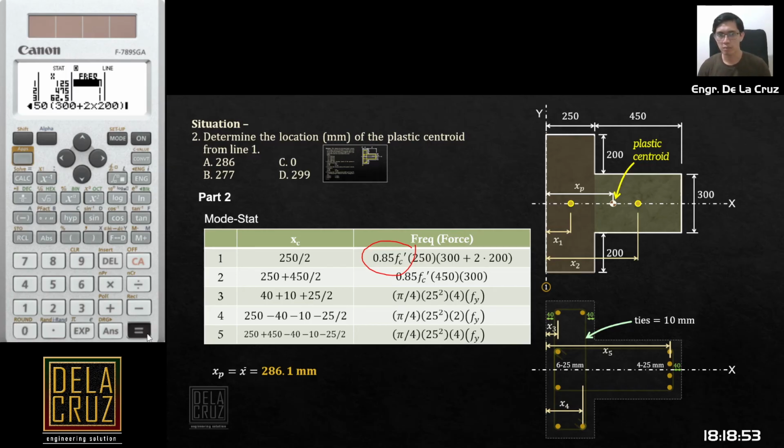Then the second one, again, the 0.85 Fc prime is in C, so I recall C times 450 times 300.